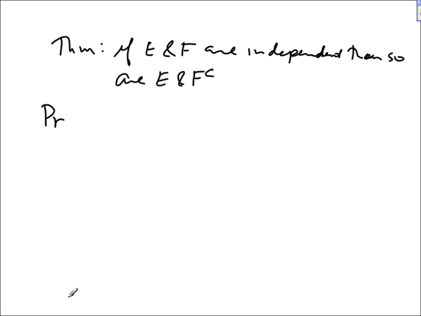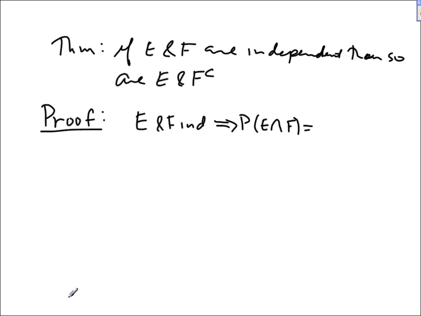In the probability course, you should be given proofs to do, and this is one of them. Okay. So let's write down what we're given and what we're asking. E and F independent implies that P of E intersect F is equal to P of E times P of F.